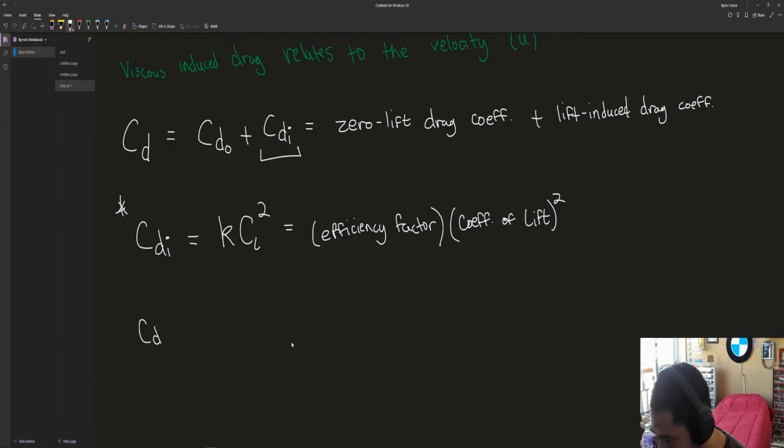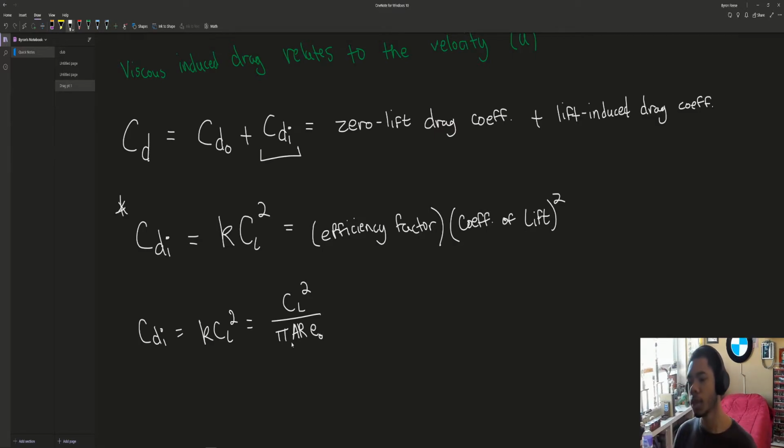Now, the other way to write this is CL squared over pi AR E0. We're going to relate to this as the Oswald efficiency factor here. More specifically, this part here is the efficiency factor.